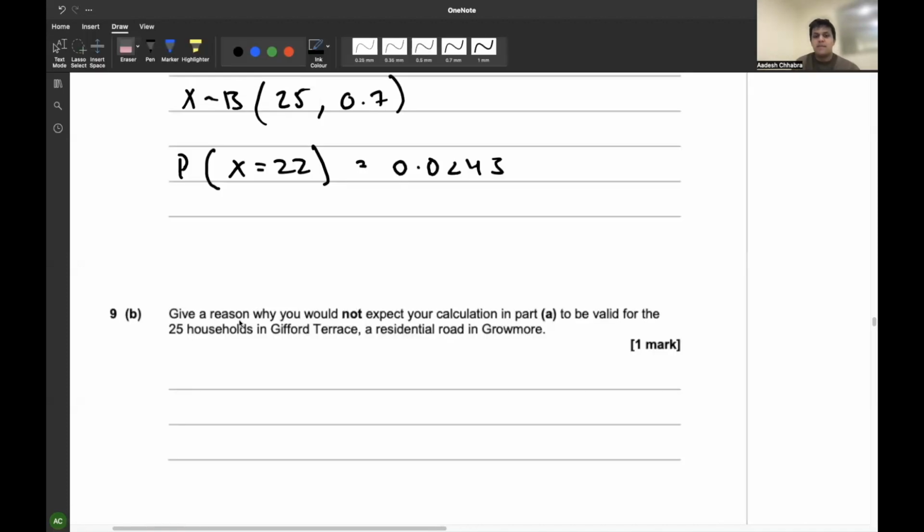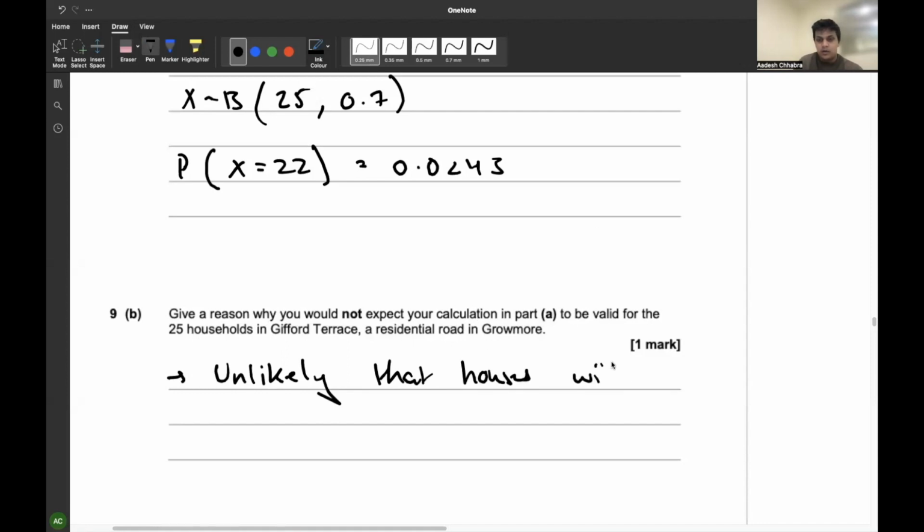So in question 9B, we've been asked to give a reason why you would not expect your calculation in part A to be valid for the 25 households in Gifford Terrace, a residential road in Growmore. And the answer to this is simply the fact that on a residential road, it's unlikely that houses will be independent of each other, which is what binomial requires.